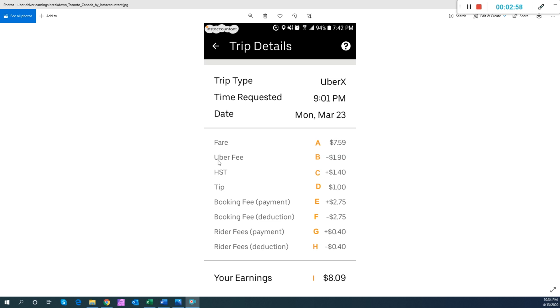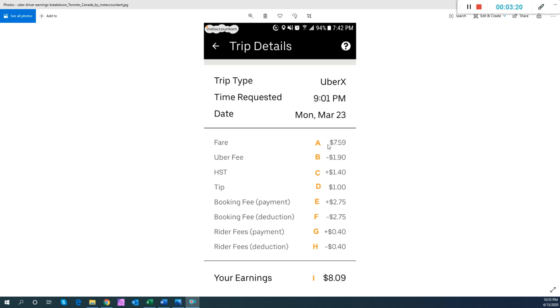The second amount over here is the Uber fee. This is a standard fee that Uber takes out of your income. You can call it Uber's cut, or Uber fee. It is calculated on the basis of this amount.